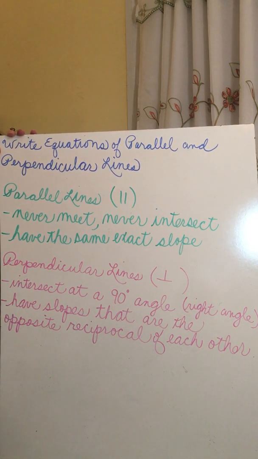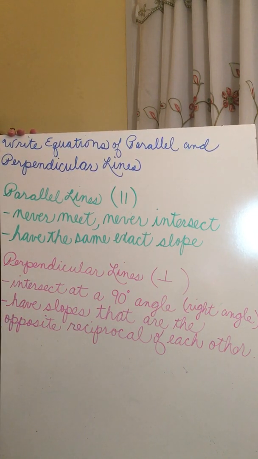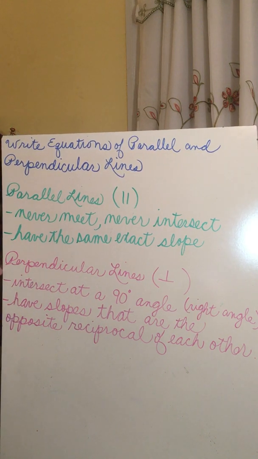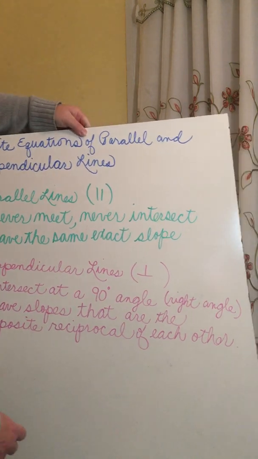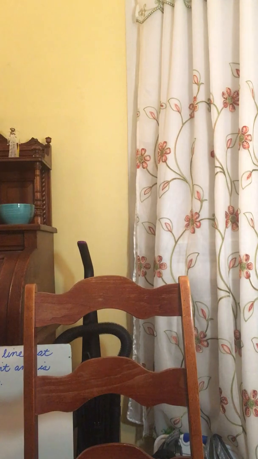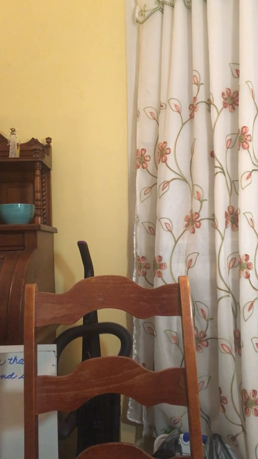When perpendicular lines meet, they always create a 90-degree angle, a right angle. And in order to achieve that, lines that are perpendicular have slopes that are opposite in sign and the reciprocal of each other. So what we're going to do is first write an equation of a line that is parallel to one and then perpendicular to one.